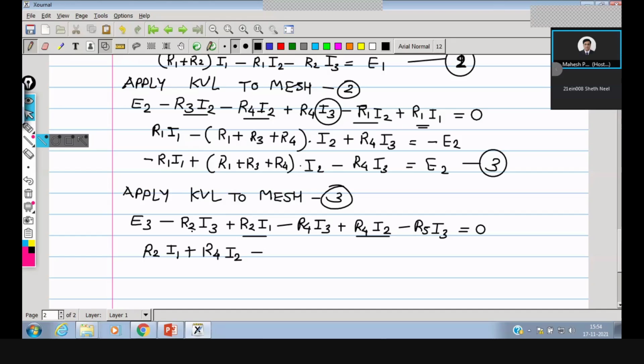I3 is common in 3 different terms, so we will write R2 plus R4 plus R5 times I3 is equal to minus E3.